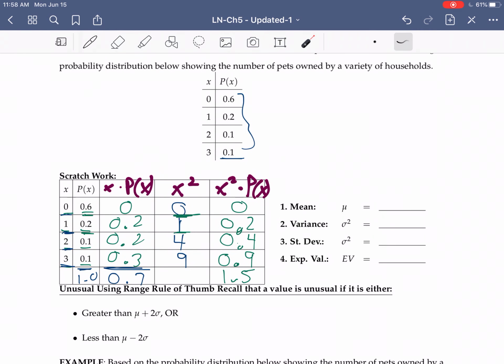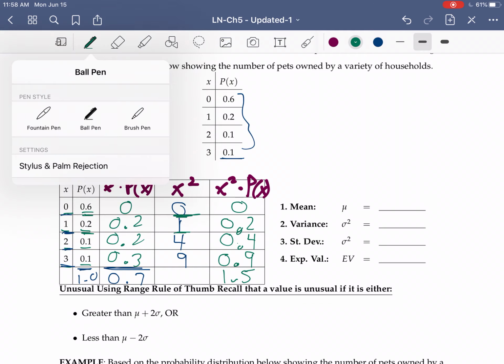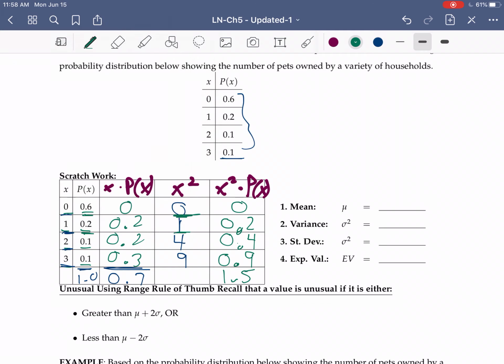The variance is going to be 1.5 minus the 0.7 squared. The standard deviation is the square root of that, and the expected value is the same as our previous value. And so that's what we have for our values there. All right, we will talk to you next time.